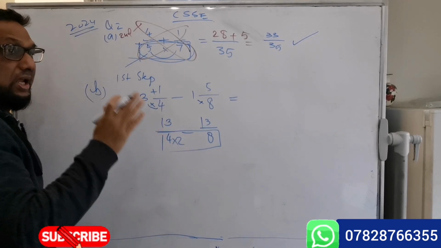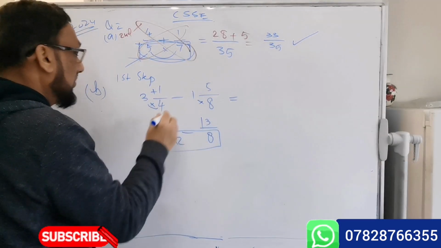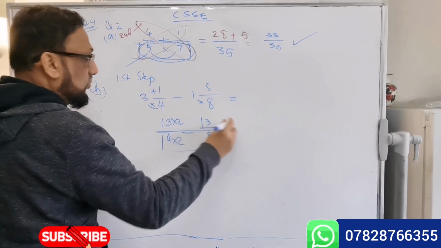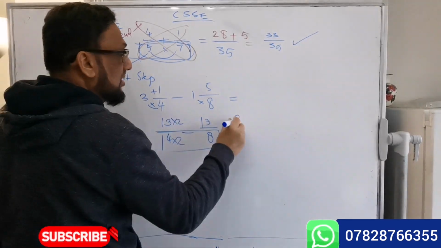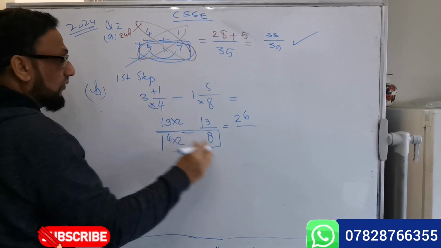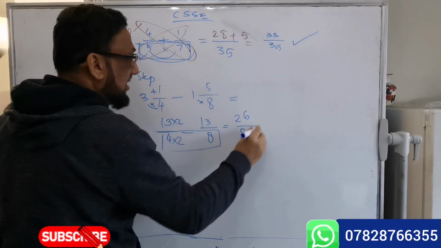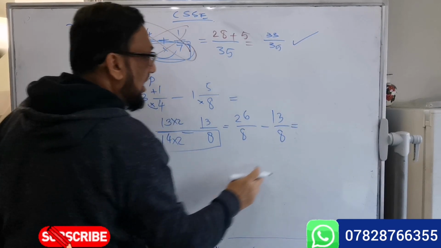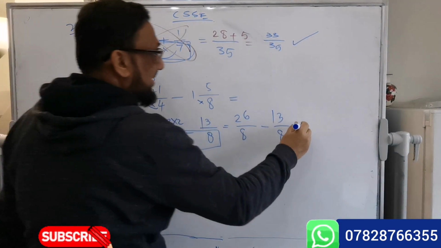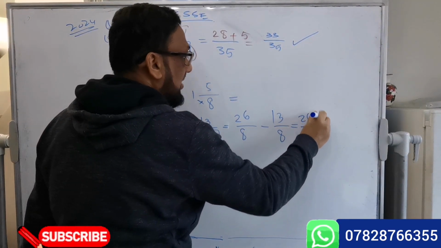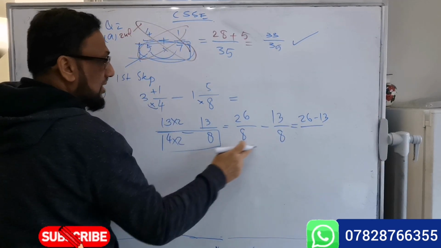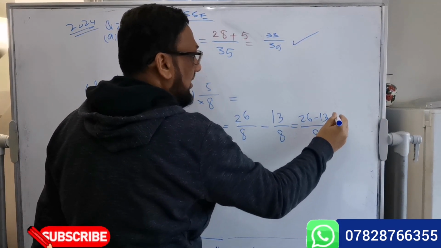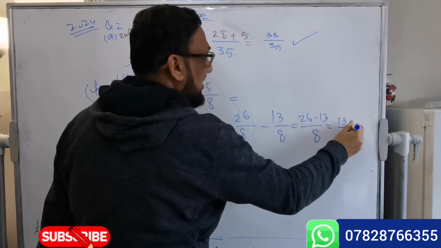The rule says if we multiply the denominator, we need to multiply the numerator. So 13 times 2 is 26, and 4 times 2 is 8, minus 13 over 8. Now 26 minus 13, you keep the denominator as it is, 8. 26 take away 13 is 13.